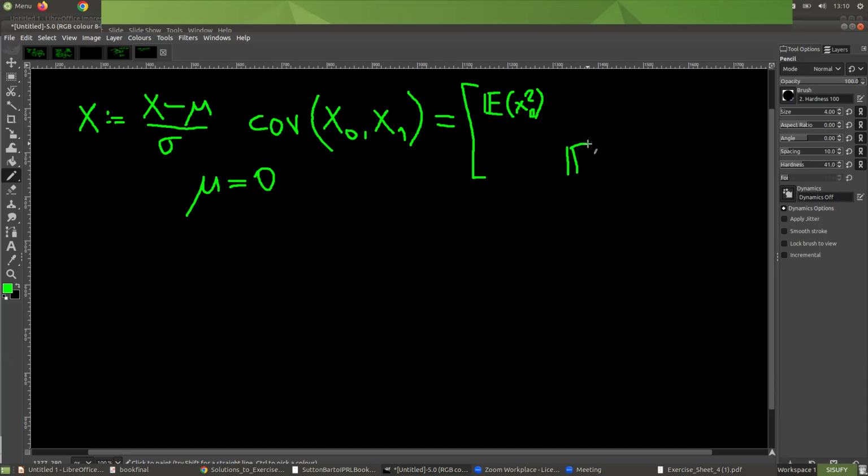So on the diagonal, you have these variances. Here, you will have covariance between the first and the second, which is the expected value of this dot product. And here you will have the same thing. It's a symmetric matrix because covariance of x0, x1 is the same as x1, x0. So that's the covariance matrix.